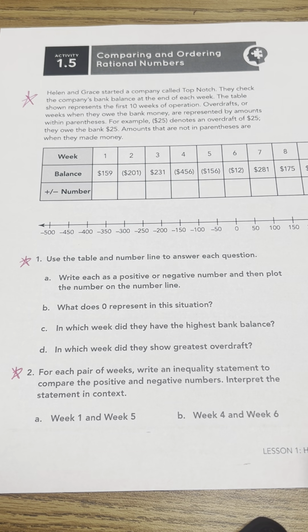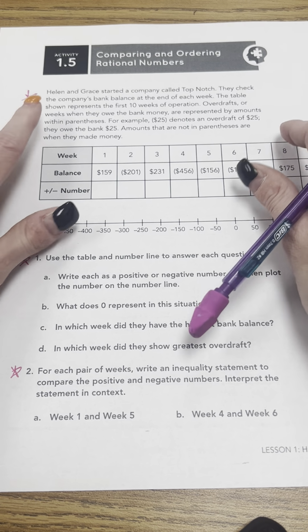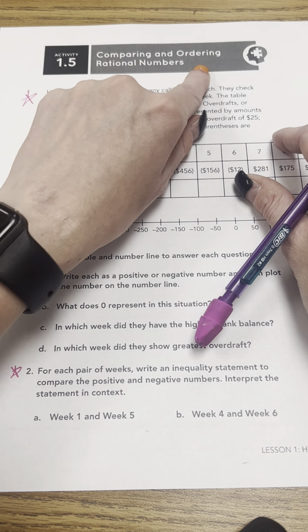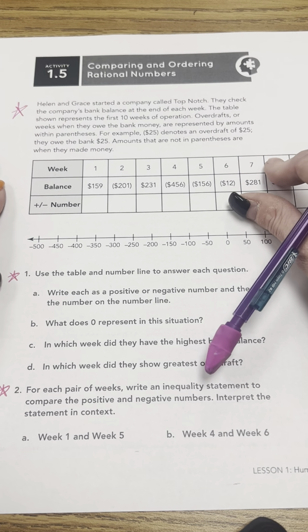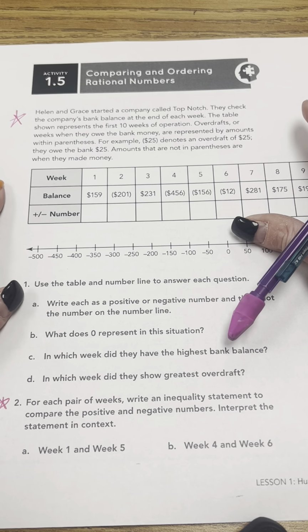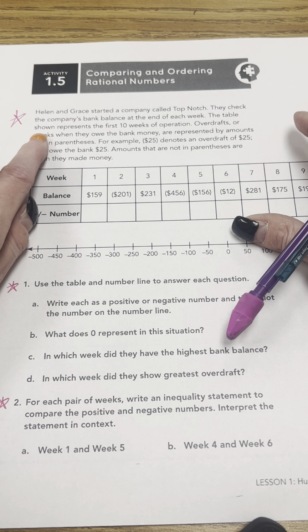Okay. On page 449, we're at activity 1.5, comparing and ordering rational numbers. Helen and Grace started a company called Top Notch. They checked the company's bank balance at the end of each week. The table shown represents the first 10 weeks of operation.